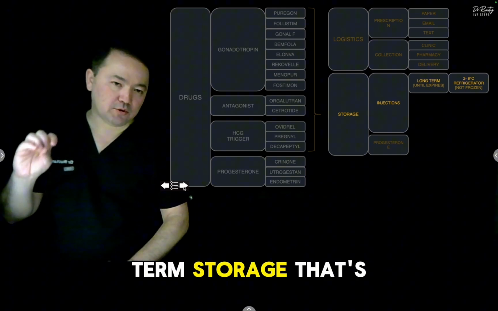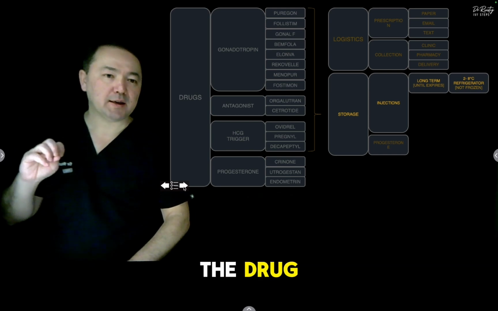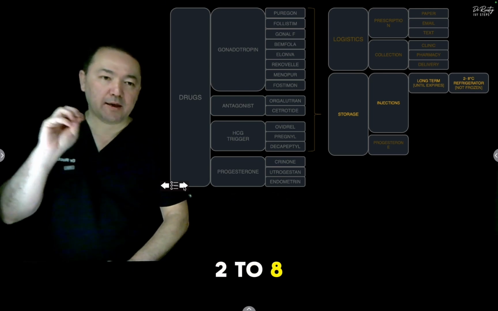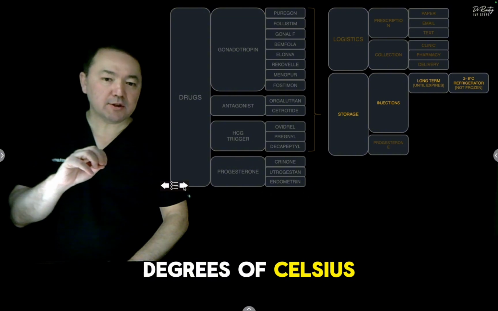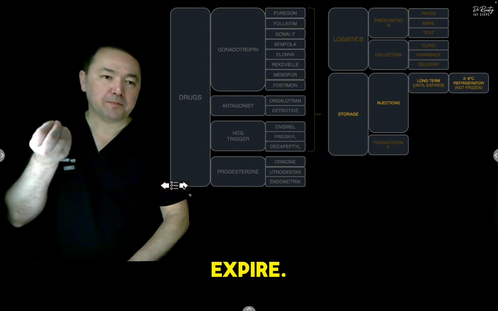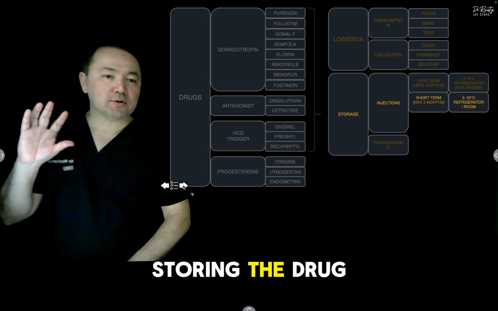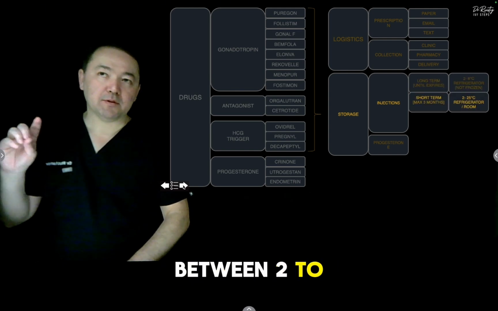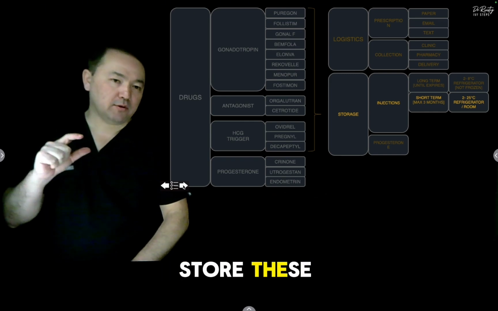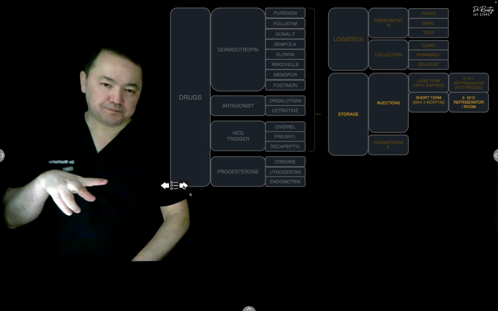One is long-term storage. Once you've bought the drug, if you're storing it in the fridge at 2 to 8 degrees Celsius, then you can store these drugs long term until they expire. If you are storing the drug between 2 to 25 degrees, which is room temperature, then you can store those drugs for up to 3 months.